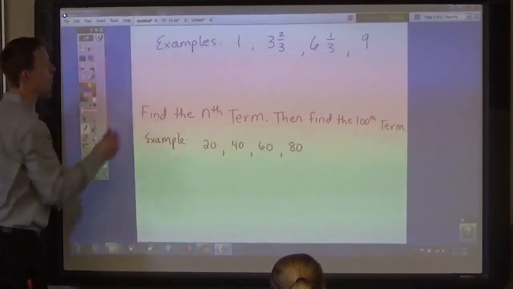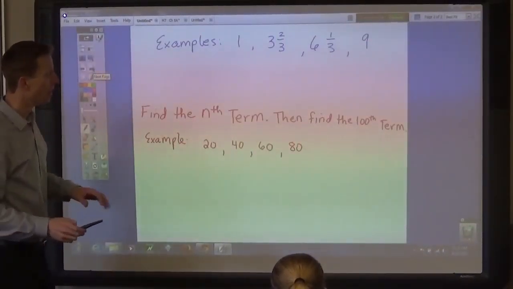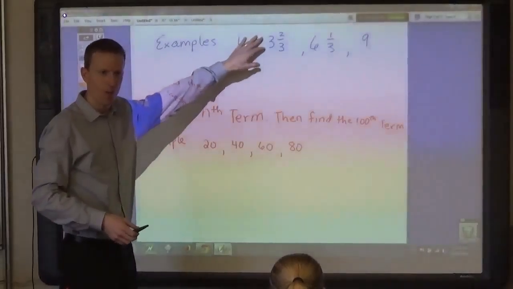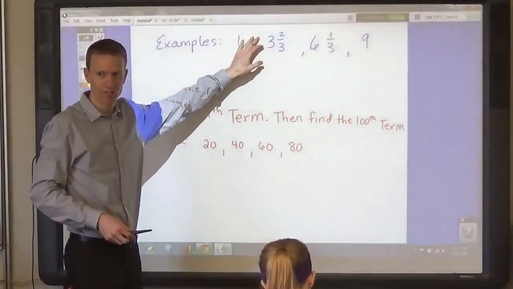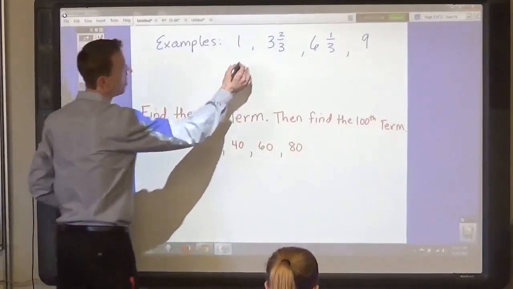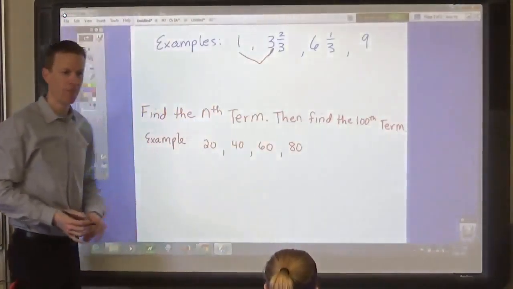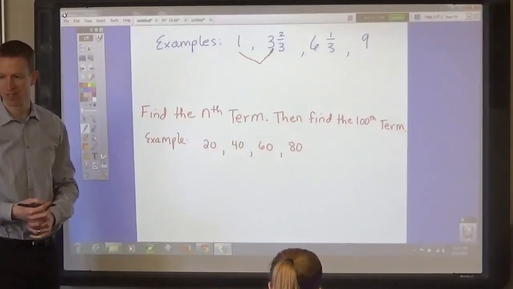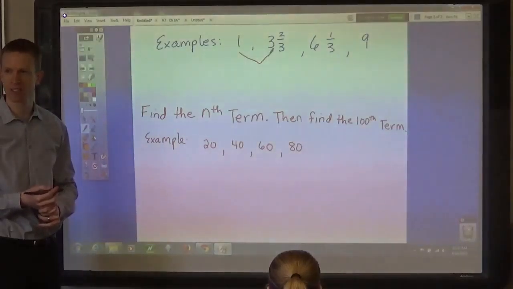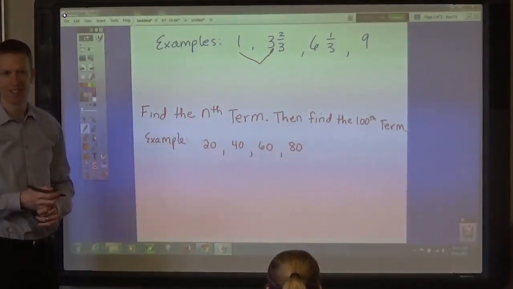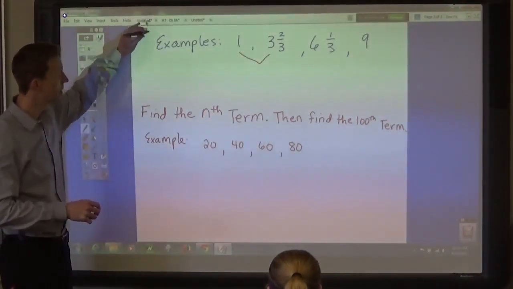Let's look at some examples. Now in 6th grade, we have to use more advanced numbers. So look at this one. How would we find the common difference here? Remember what it means to find the common difference?